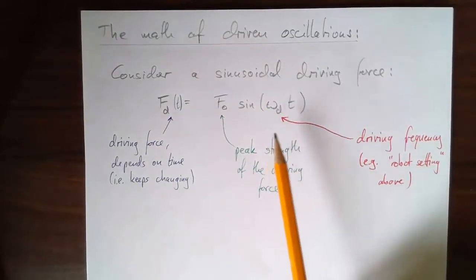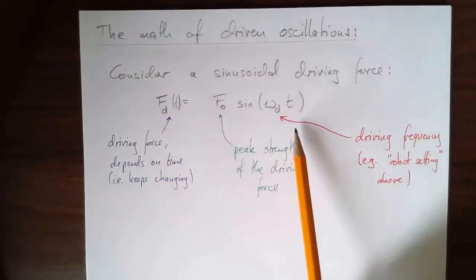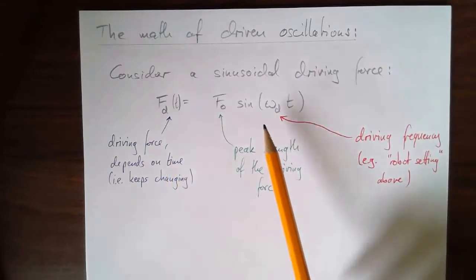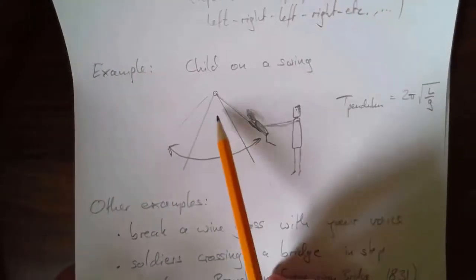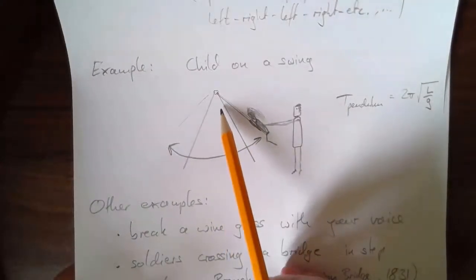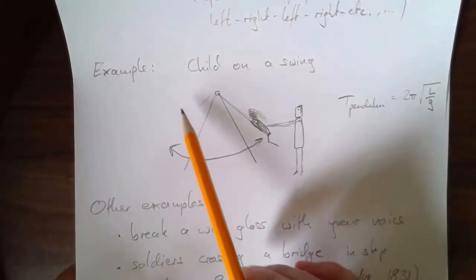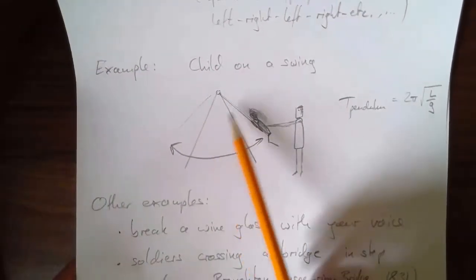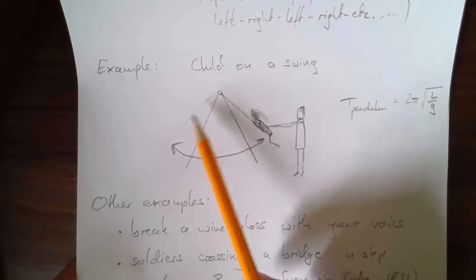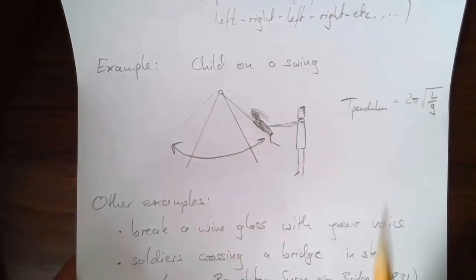If you want to visualize the sine function, maybe you can imagine that the robot stands not as shown here, but stands right in the middle and holds onto the chain and pushes the chain left and right. If you've ever watched parents push their kid, maybe they just stand in the middle and push the kid using the chains.